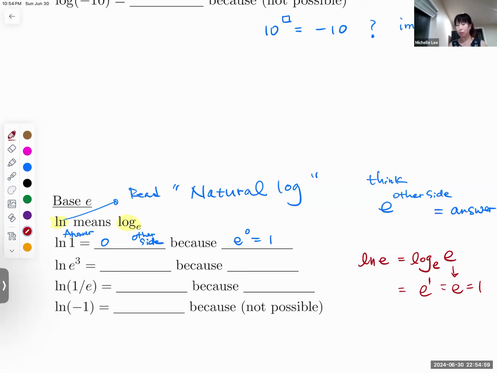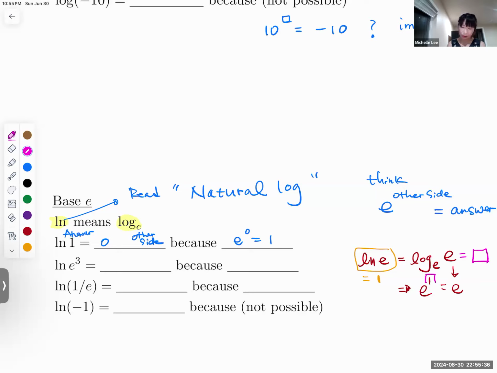You guys understand what I'm saying? So basically this one is equal to 1, not e equal to 1, right? I have to make this one more clear. Is it okay to you?